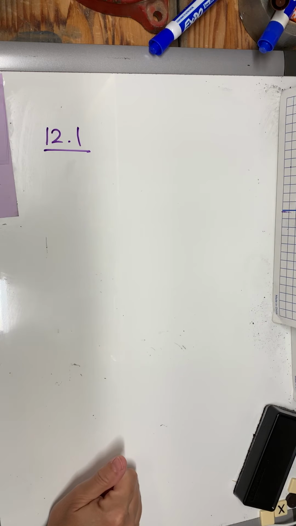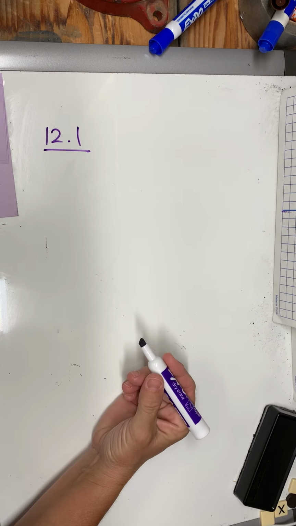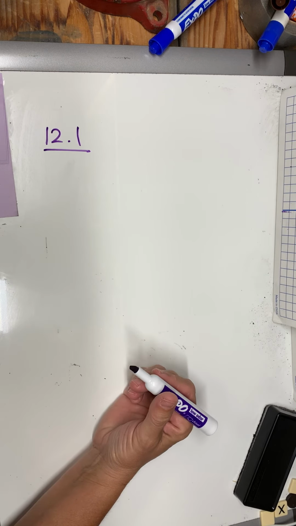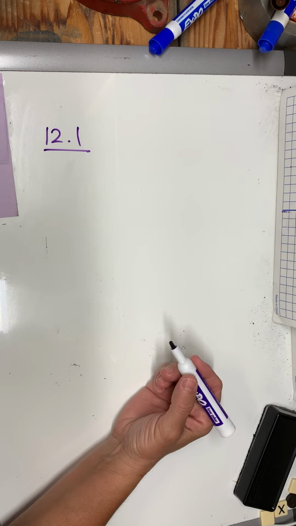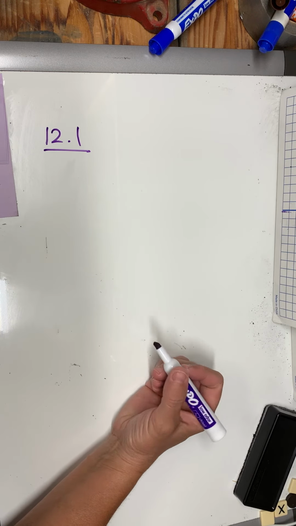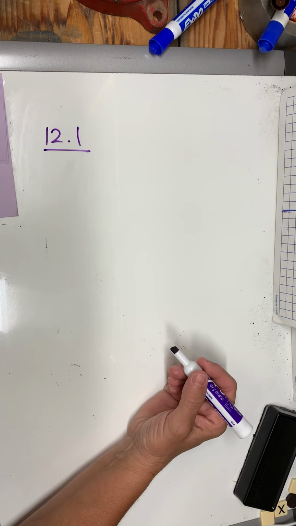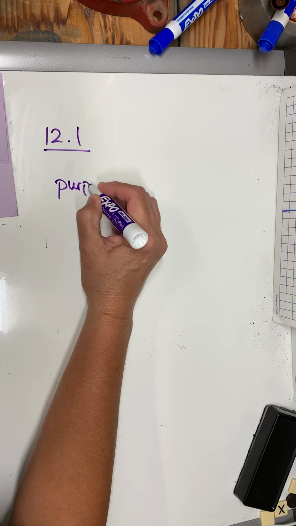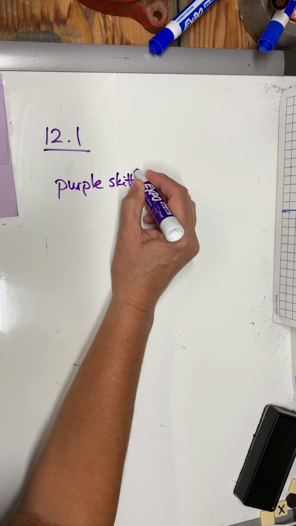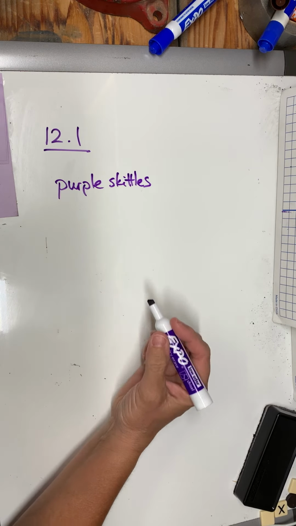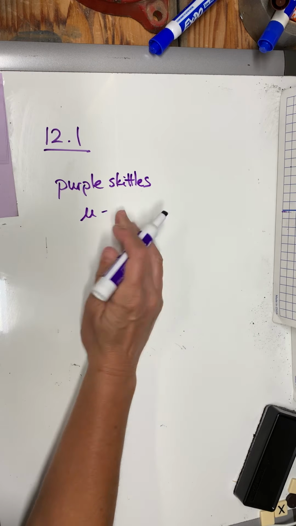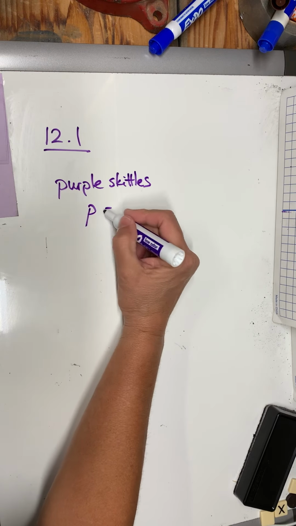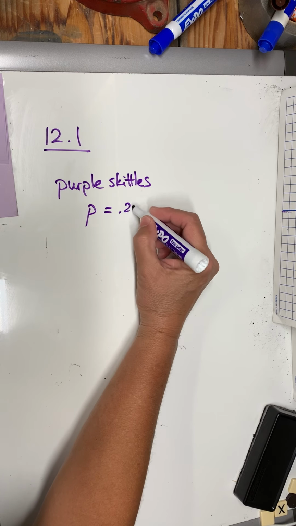Okay, so today we're going to talk about 12.1, and it's super similar to what we've been doing. Let me give you an example. One of the hypothesis test questions in a previous section may have been something like, if I said the proportion of purple Skittles in a little bag of Skittles is 20%.